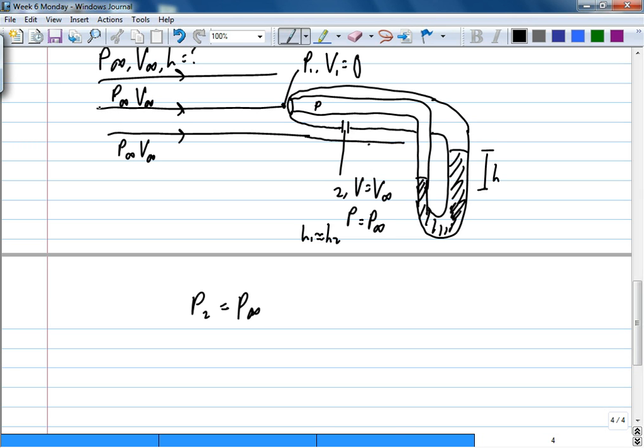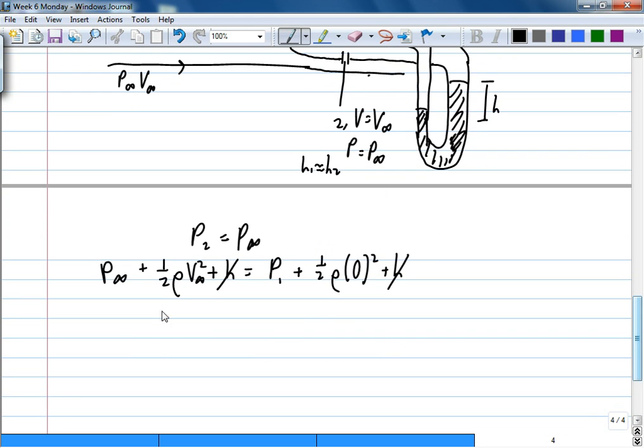If we apply Bernoulli along this streamline, we'll get P infinity plus half rho v infinity squared plus h equals, at this point, P1 plus, there's no velocity, half rho 0 squared plus h. This h and this h are the same, so cancel.